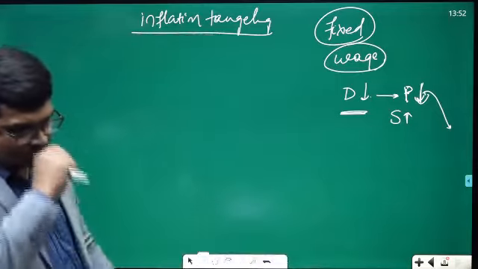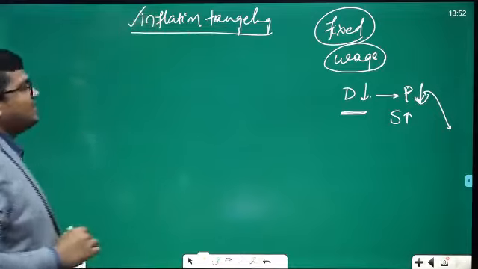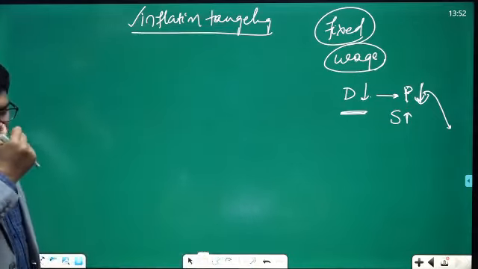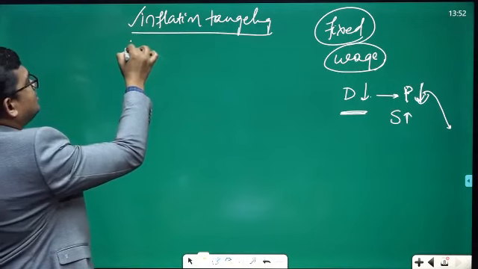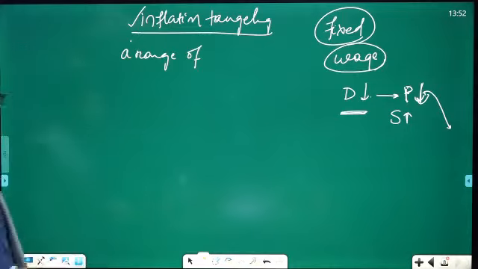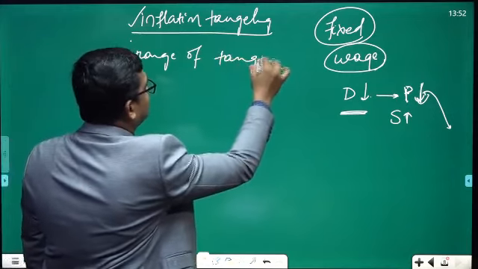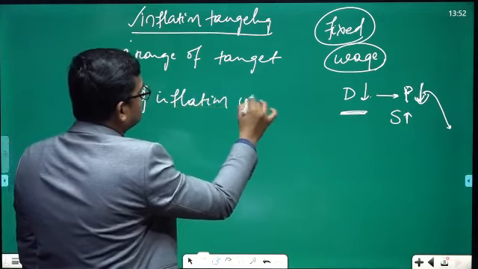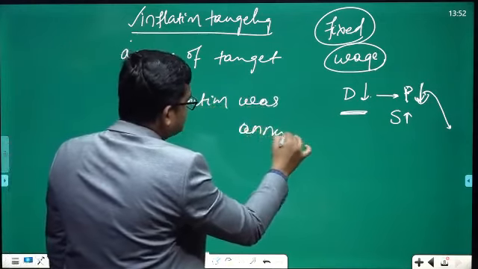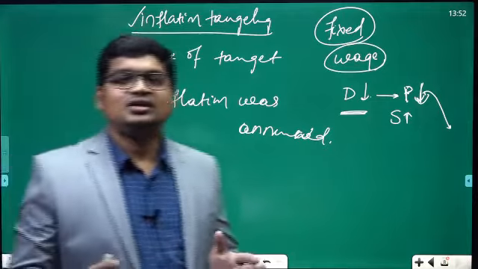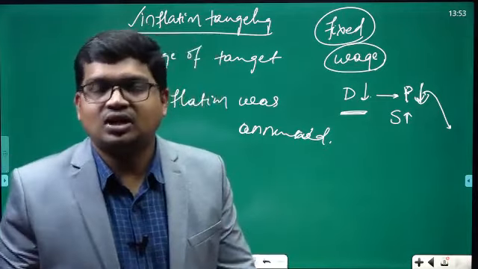Now, what is inflation targeting? The concept of inflation targeting means that a range of target of inflation is announced, or we decide a range of inflation rate at the official level for our country.